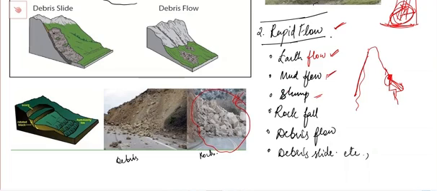There is rock fall, and debris fall is simple, and it is also the same as rock fall, but it is sand or some small rock particles or some debris which falls on the rock. Sometimes rocks fall here, and sometimes the mud or the soil or the debris, small fine grains, fall on the surface.